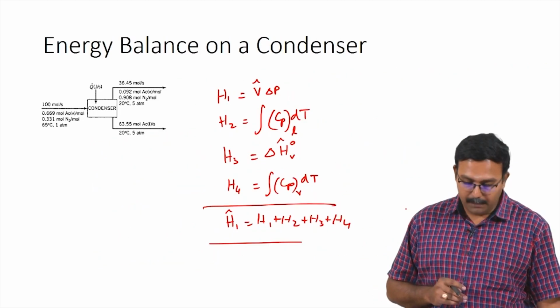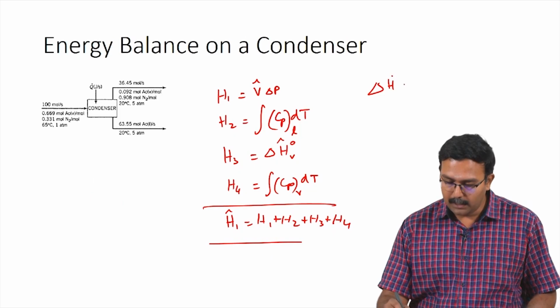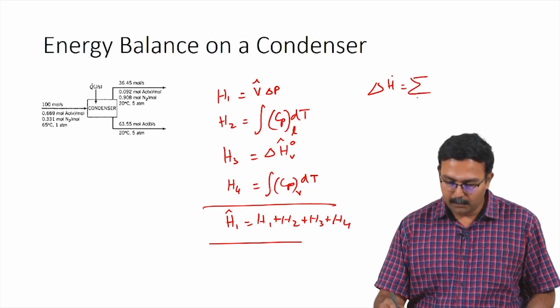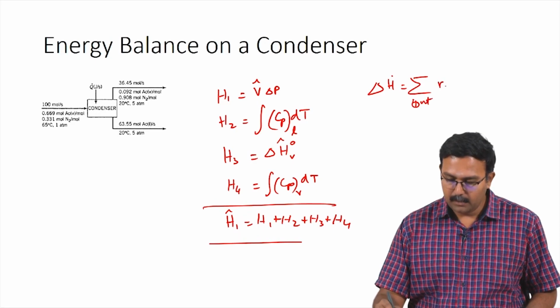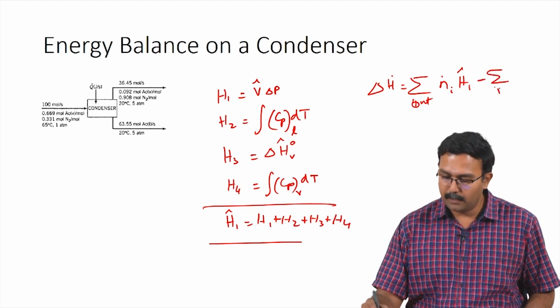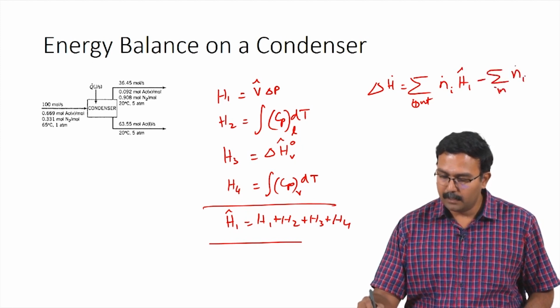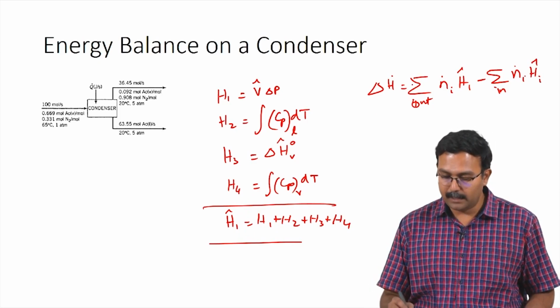Now that you have completed the table, you would calculate delta H dot as sigma of outlet Ni dot Hi cap minus sigma of inlet Ni dot Hi cap. This will give you your change in enthalpy.